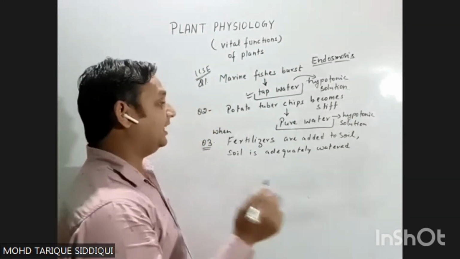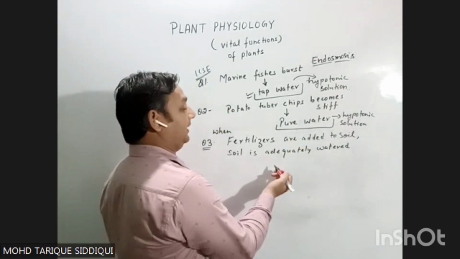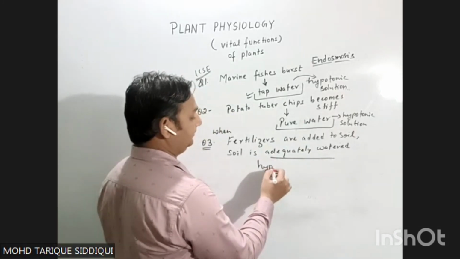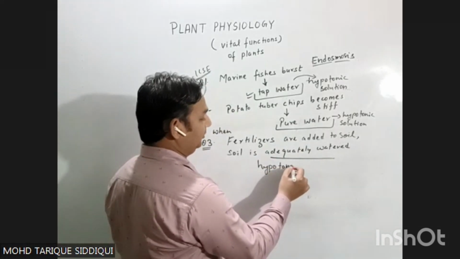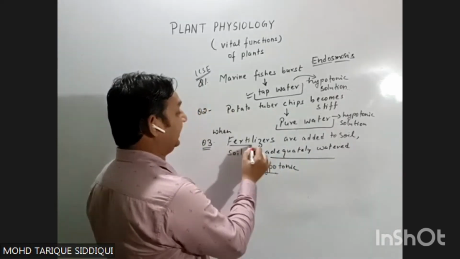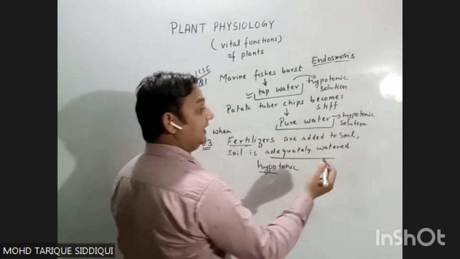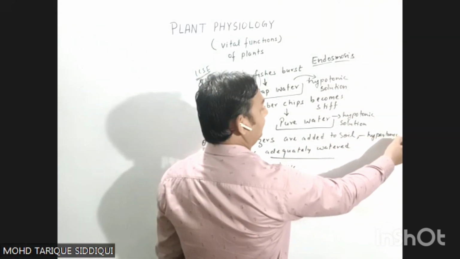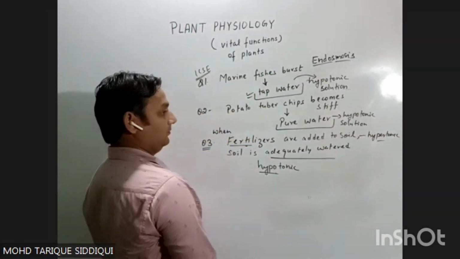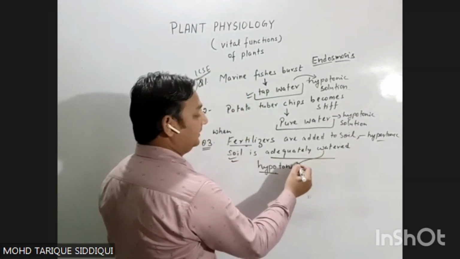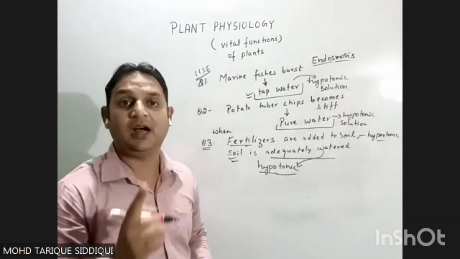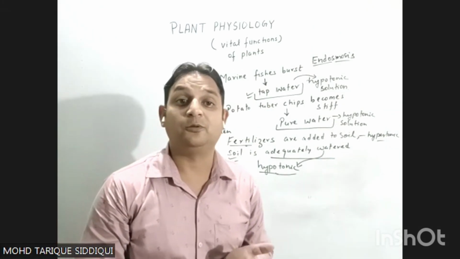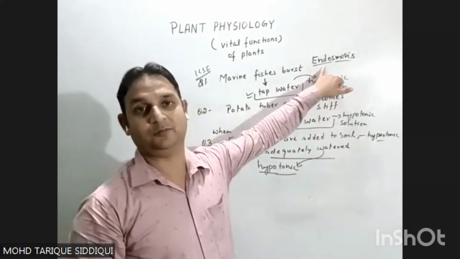When water is adequately added to the soil, the soil solution becomes hypotonic, and root hair will absorb water by endosmosis.